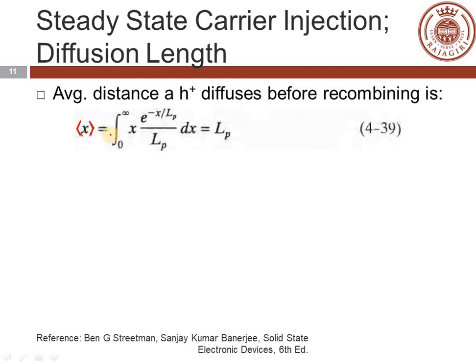Average of x is equal to, and here we are considering only hole movement in one direction. If you refer to the previous plot, we started from 0 to x equal to infinity. So it is from 0 to infinity, the function x into the probability, that is e raised to minus x by LP divided by LP dx. And once we take the integral of this function, we will get LP.